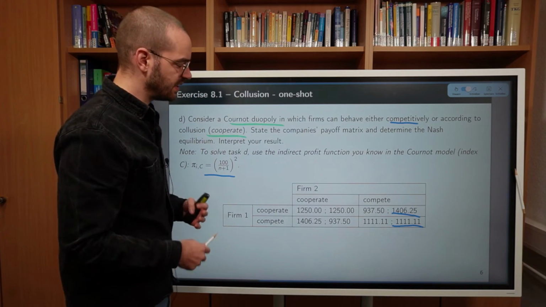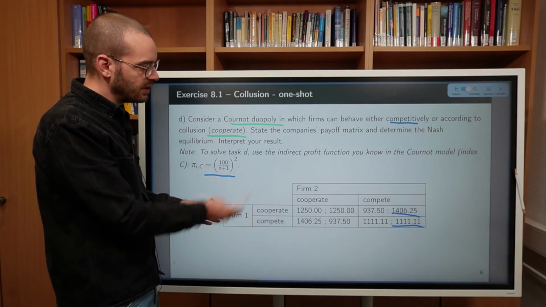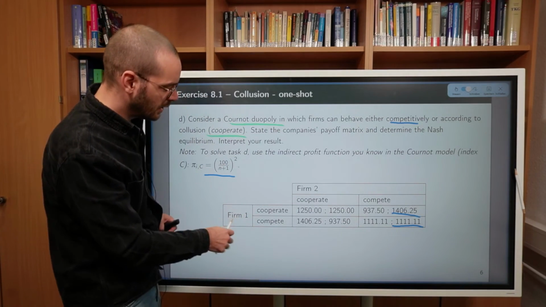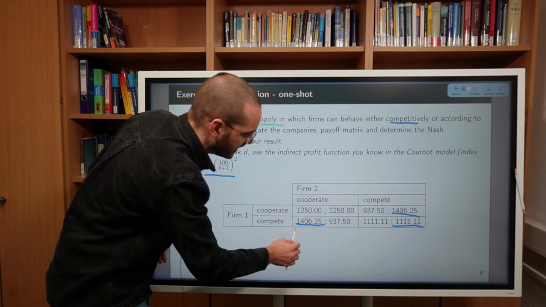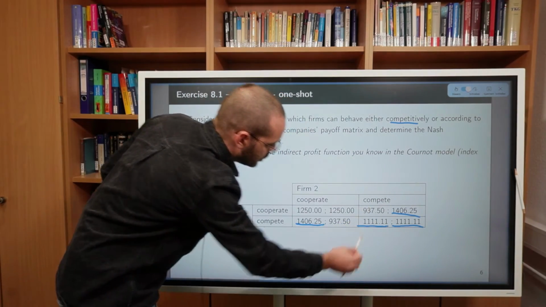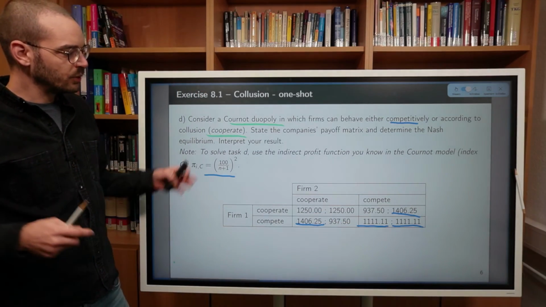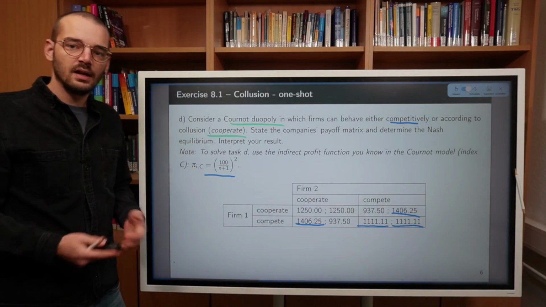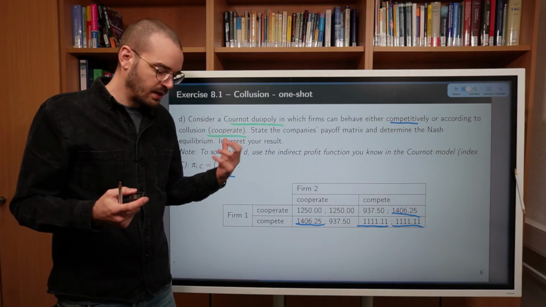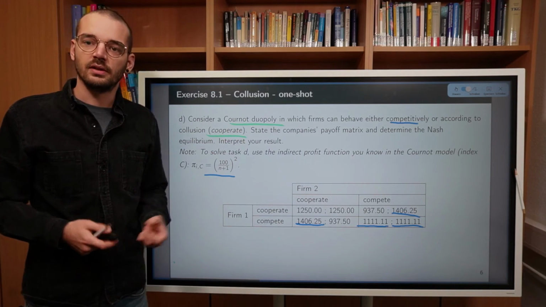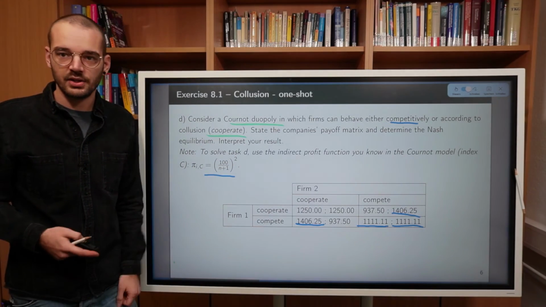And now if we flip this game around and consider the profit maximizing best responses for firm 1 for any given strategy of firm 2, we will find out that it's exactly the same. It's always profit maximizing for firm 1 to choose the strategy compete. And with that we have found the Nash equilibrium in which both firms are competing, which of course means that the conventional Cournot competition market equilibrium is indeed the Nash equilibrium in this situation.